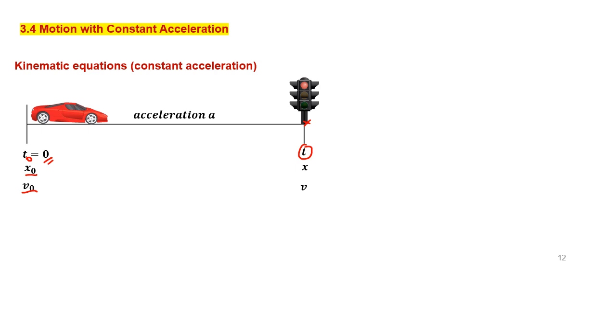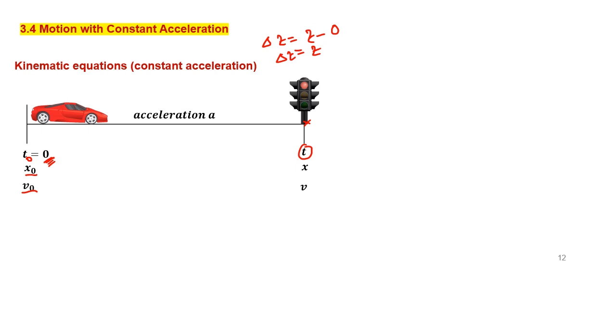So what is the time duration? Basically delta t is t minus 0, the initial time. So basically delta t is t here. So t is the time taken by the car to reach here. Suppose if we have t1 and t2, we should take t2 minus t1, the duration.